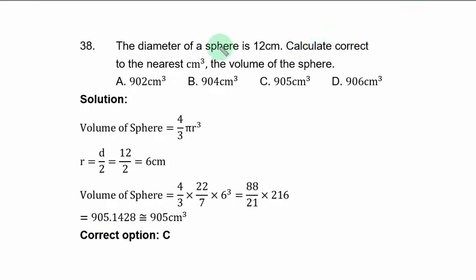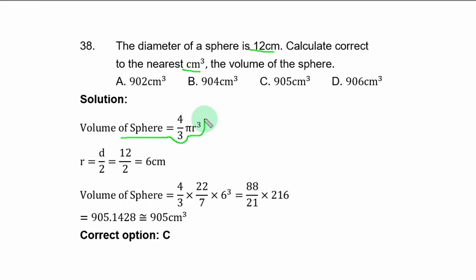Question 38. The diameter of a sphere is 12 centimeters. Calculate, correct to the nearest cubic centimeters, the volume of the sphere. Volume of sphere is given by 4/3 pi r cubed.